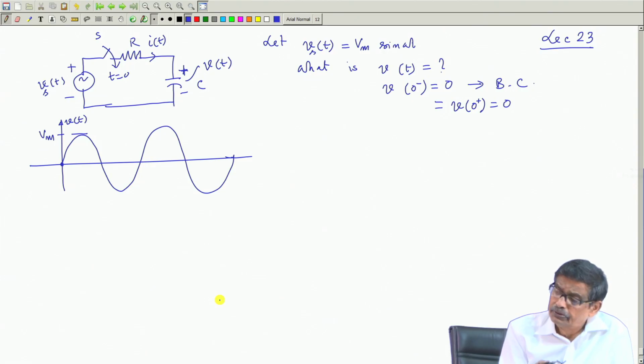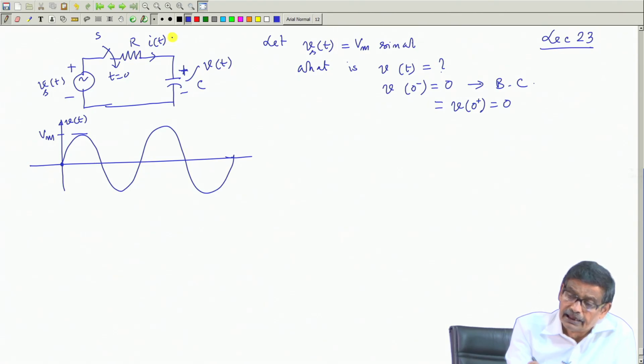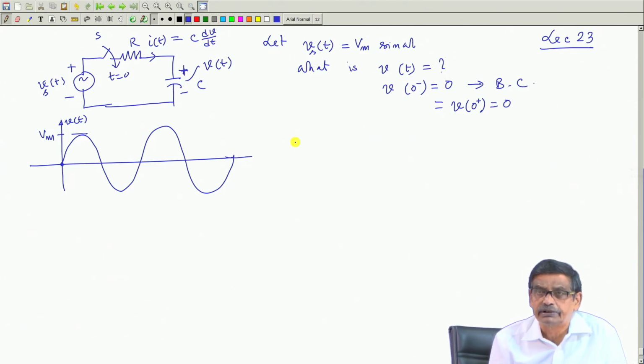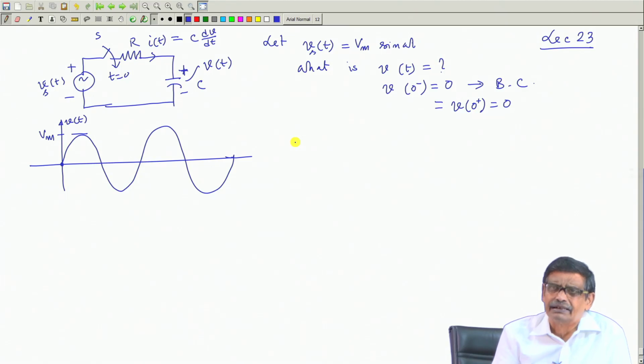The steps are once again the same. I have to write down the KVL, but recall the way I have assumed I t: it is nothing but C dV dt. So, to solve for V t, I have to write a differential equation involving V t. I generally solve for V t first, then I t can be found.